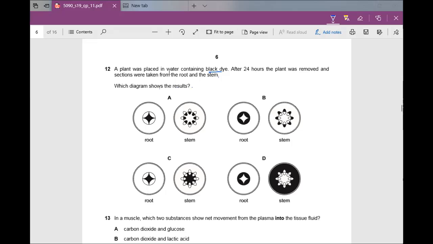As xylem is responsible for the transportation of water, and this water contains a black dye, this portion is black, it is xylem, and here many vascular bundles are there, center portion is xylem, so A is the correct option. Here they are giving the color to phloem, here they are giving the color to the center portion, here they are giving the color to the inner and phloem, so these are the wrong answers.